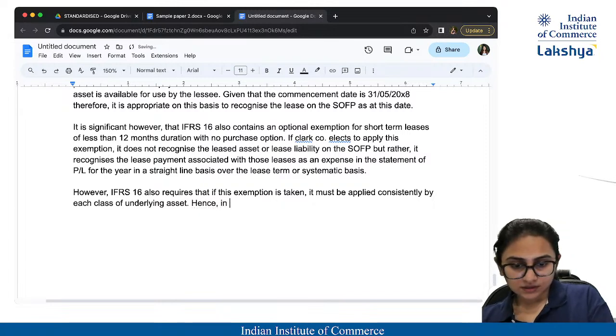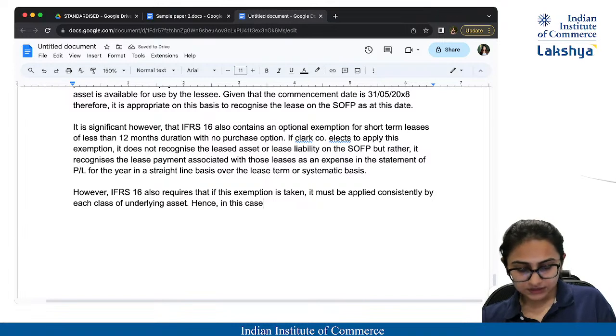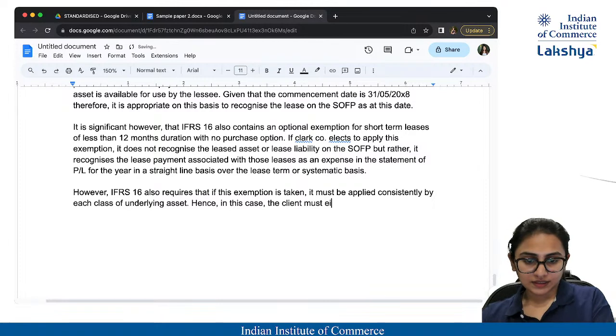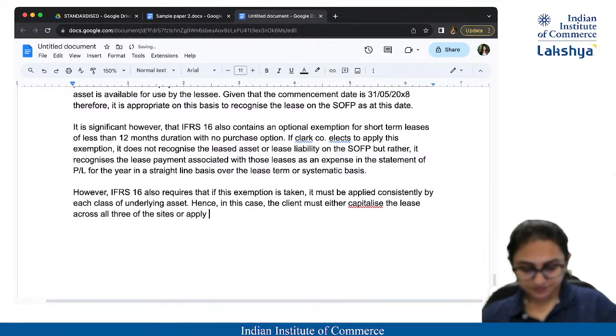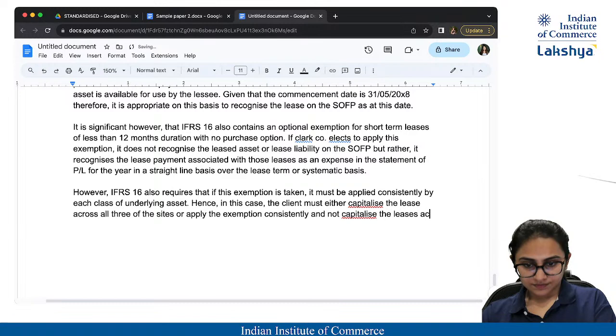Hence, in this case, the client must either capitalize the lease across all three of the sites or apply the exemption consistently and not capitalize the leases across any of the sites.